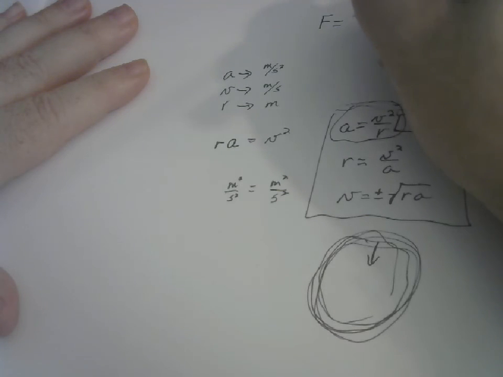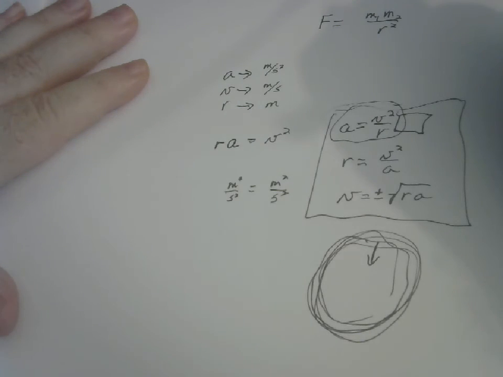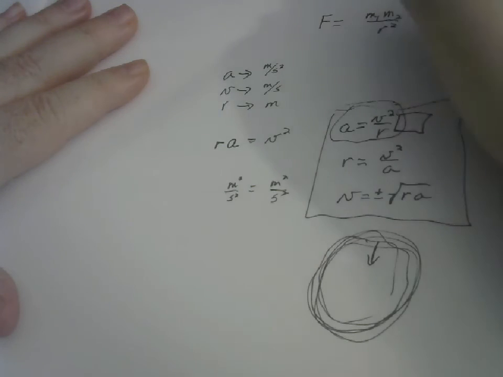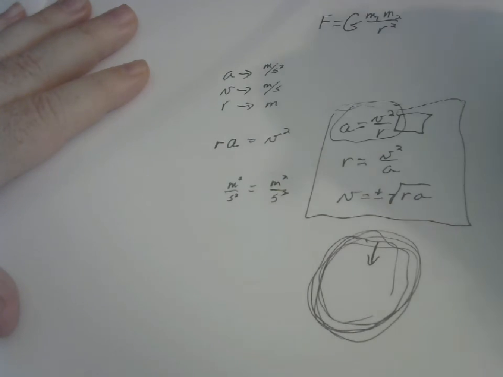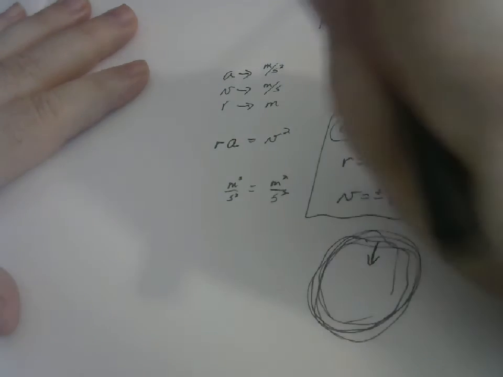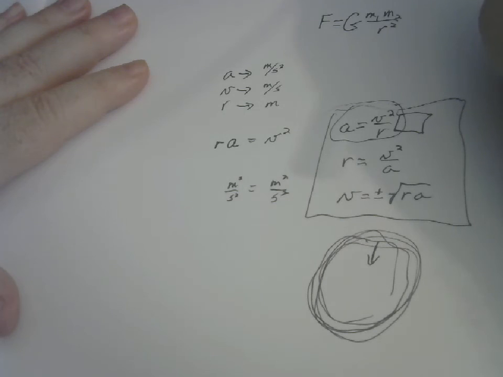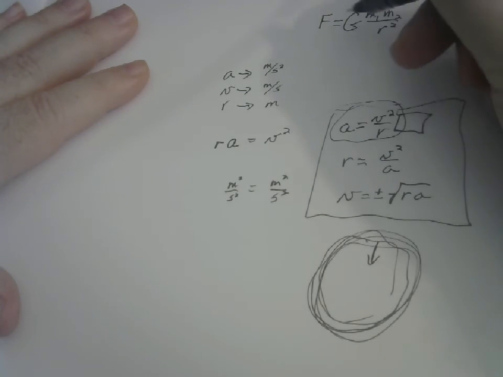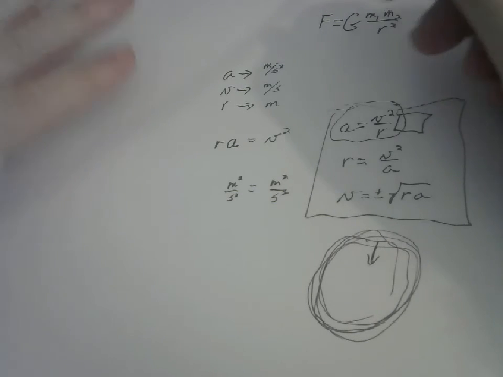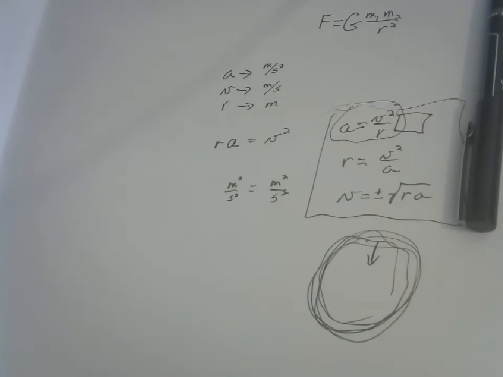Force equals G m1 m2 over r squared. The force of gravity, this is actually not a good example. But anyway, sometimes after you've got everything worked out, you still need to find out what the units are on some constant. So there's a constant ratio that keeps things together.